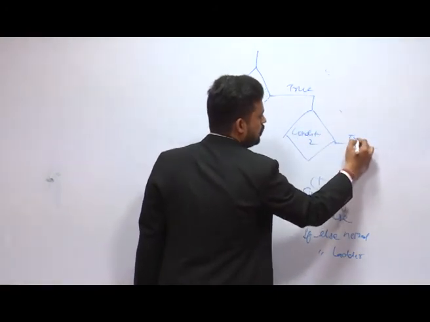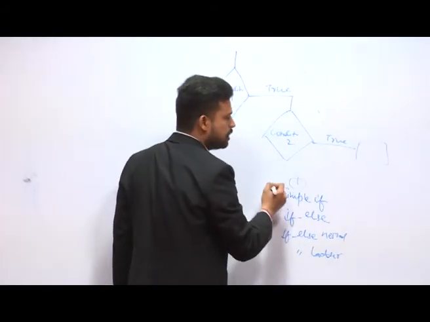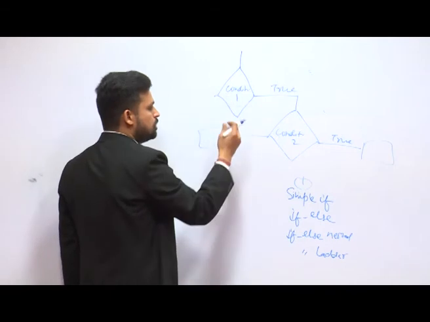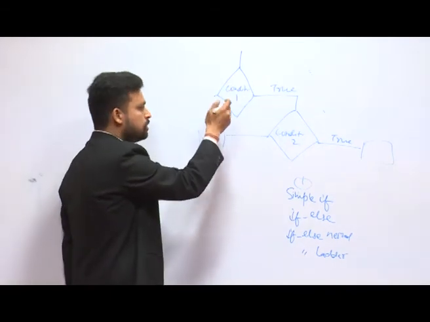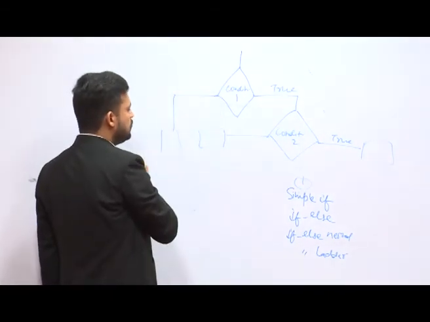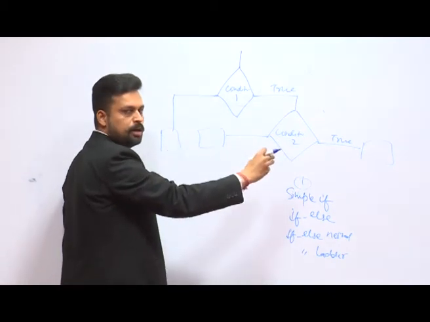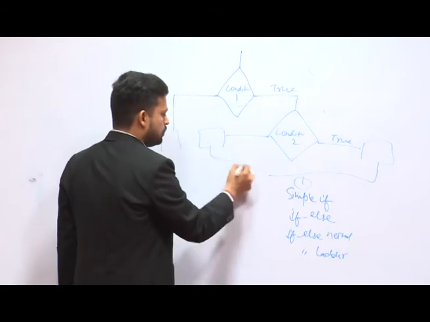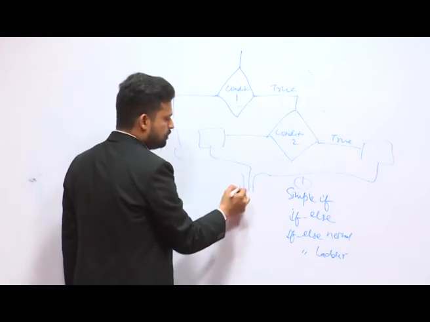If this condition is true, we will execute these statements. If this condition is false, we will execute different statements. And suppose condition number 1 is false, then we will follow these statements. So there are three different parts of the program, and we will execute only one of them.